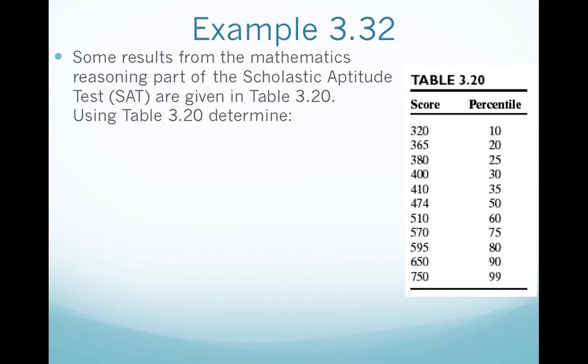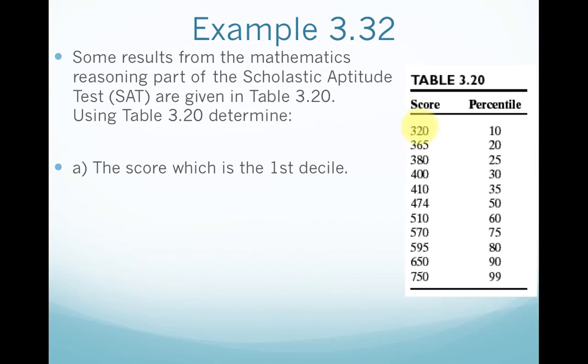Okay, let's look at an example to reinforce these concepts. Some results from the mathematics reasoning part of the Scholastic Aptitude Test, the SAT, are given in Table 3.20. Using the table, determine the score which is at the first decile. Okay, the first decile is the 10th percentile, so the score that we're referring to is 320.